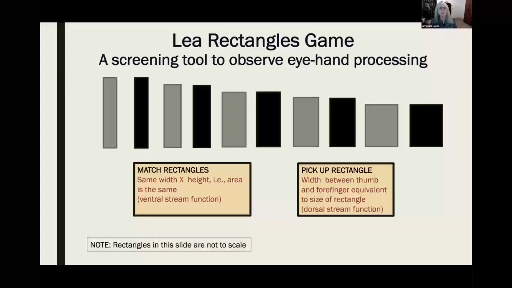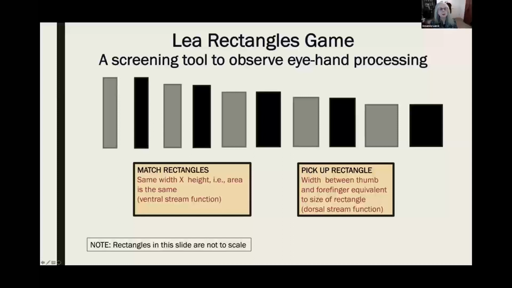And here, what they have are matching rectangles in gray and black, and all the rectangles are the same area. So if you multiply the width and the height of every rectangle, the area is the same. And the rectangles in this slide that I made are probably not up to scale, but I wanted to give you a sense of what they looked like.